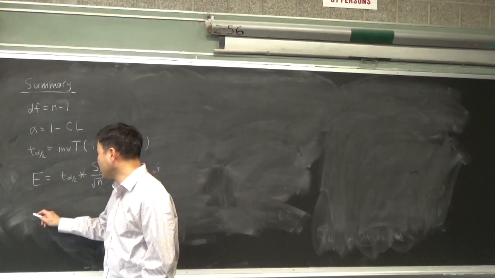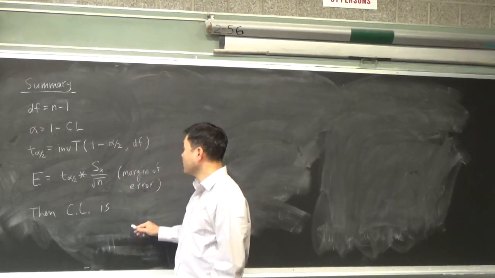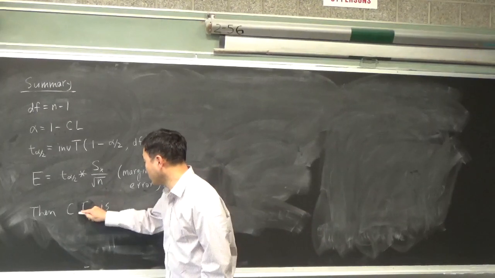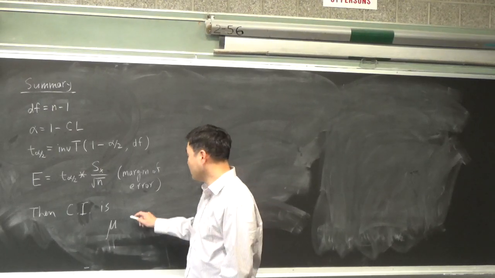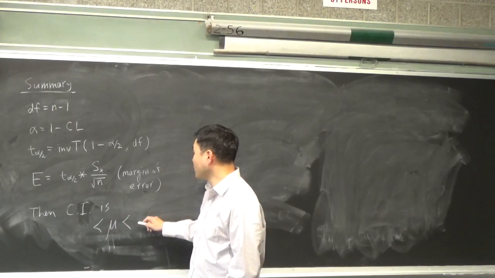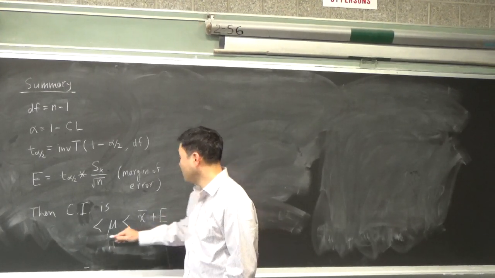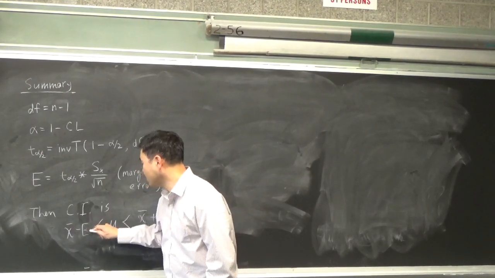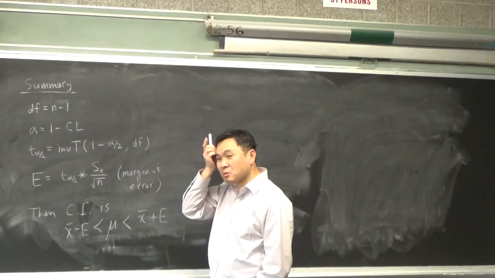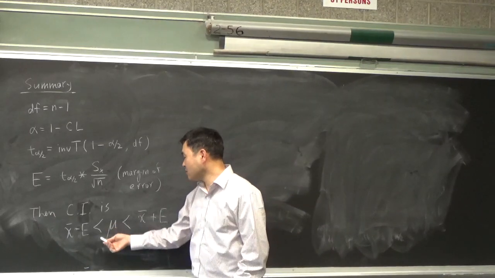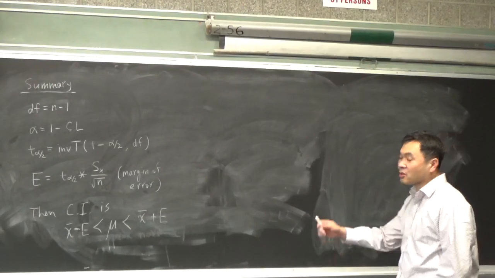Then the confidence interval, CI, not CL, is that the population mean, mu, is between x bar minus E and x bar plus E. I'll just use the strict inequality, but because these are continuous variables, it doesn't matter if you put an equal sign or not. But that's the confidence interval.